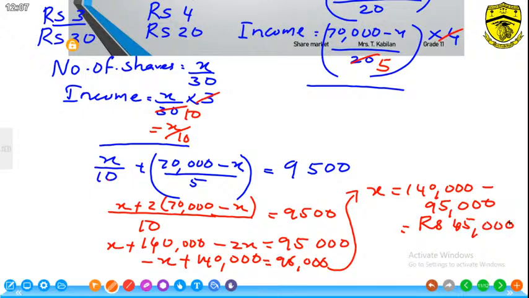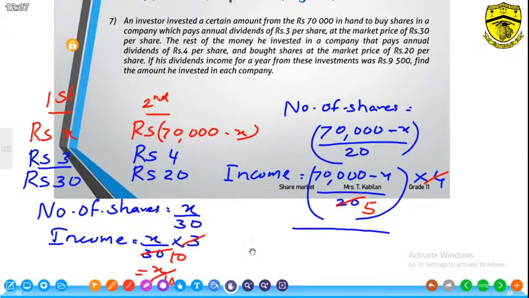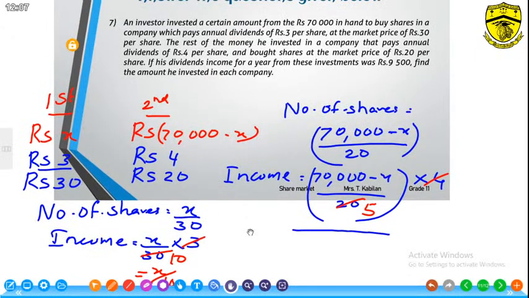So the amount he invested in the first company is 45,000. We found it. Now what is the invested amount in the second company? Subtracting. See the question: the investor invested a certain amount from 70,000 in hand.